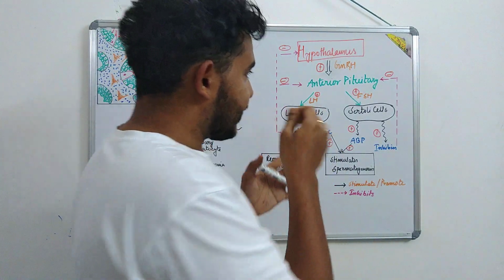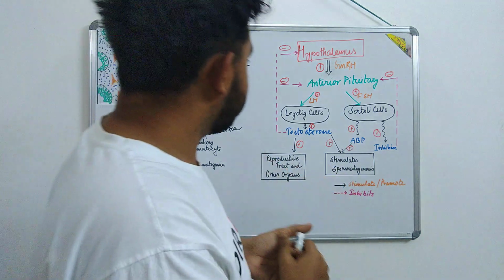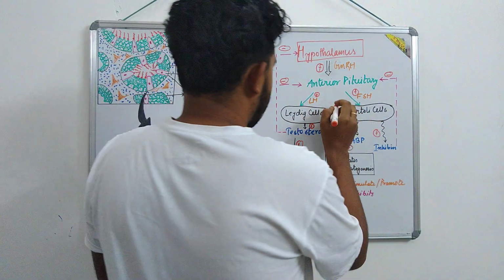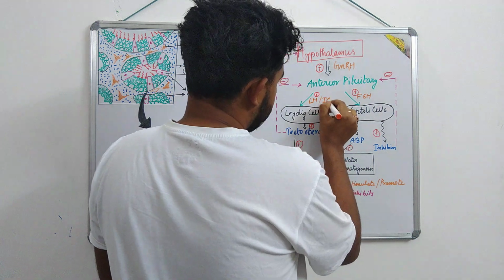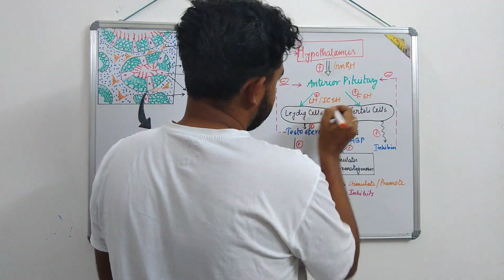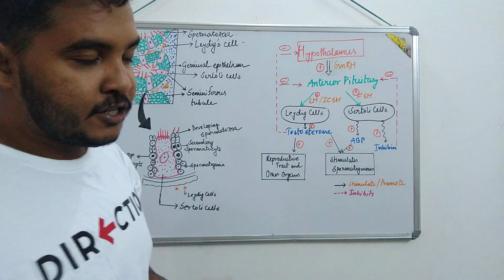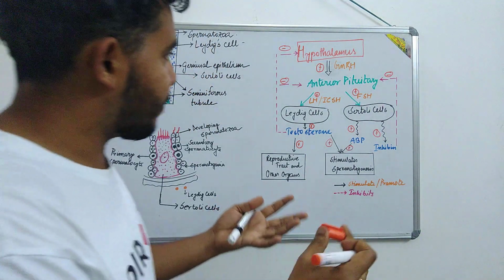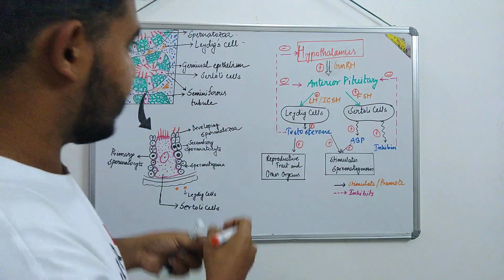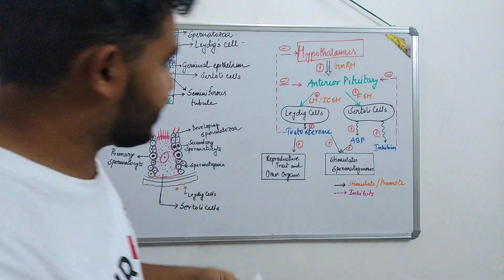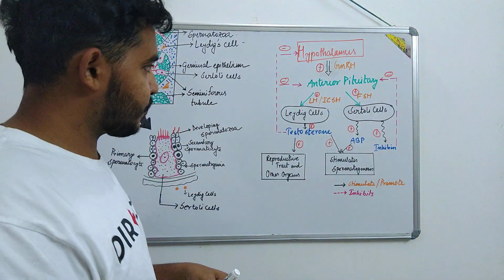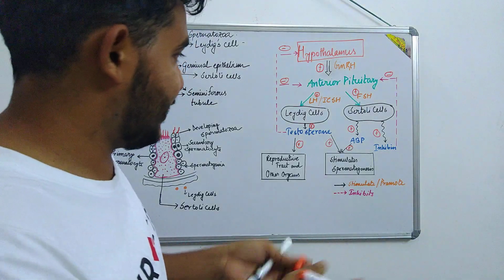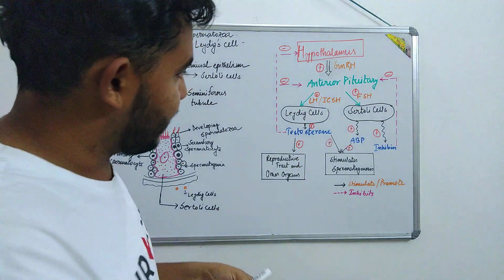In the case of male spermatogenesis, LH can also be considered ICSH, interstitial cell stimulating hormone. Let's look into the anterior pituitary. It secretes LH and FSH. The LH, also called ICSH, goes to the Leydig cells.